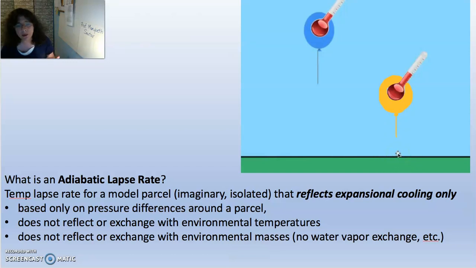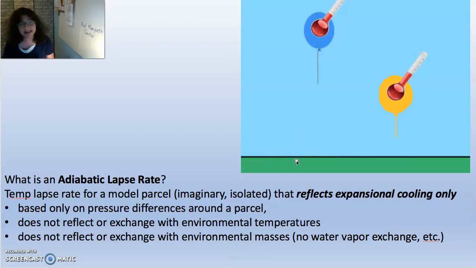And we are only going to be able to look at expansional cooling temperatures inside the parcels. We are going to be looking at a surface air parcel that is called a dry adiabatic lapse rate parcel, or a dry parcel. And we are going to be looking at a dew point parcel, which is a parcel taken from the surface and at the dew point temperature.